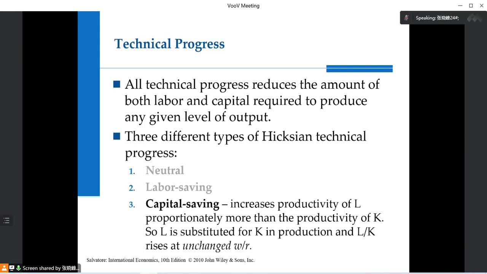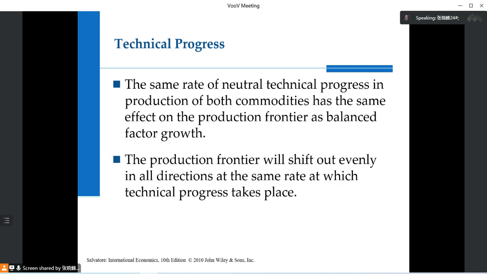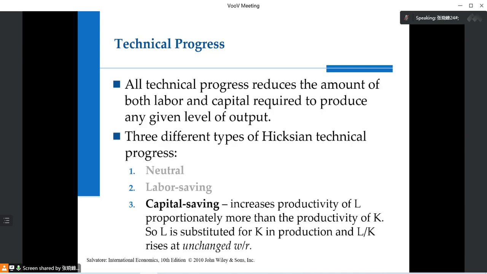So L is substituted for K in production, and L/K rises at unchanged W divided by R. That is the three different types of Rybczynski technical progress. Okay, that means there is a substitution effect between the labor-intensive one and the capital-intensive one.